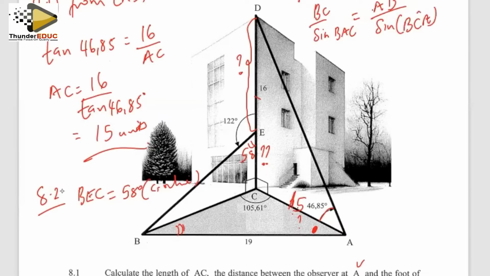Substitute: BC is going to be AB times the sine of BAC, over the sine of BCA. So my AB is 19. I'm multiplying it by the sine of BAC.